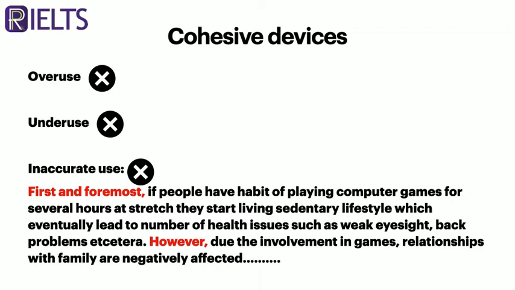It will decrease your band, it will cut your band, right? So you should always learn the correct usage of cohesive devices and not overuse or underuse them. For example, in one body paragraph, if you have two points to explain, I think only one cohesive device will be needed, right? So there should be accurate use of your cohesive devices.